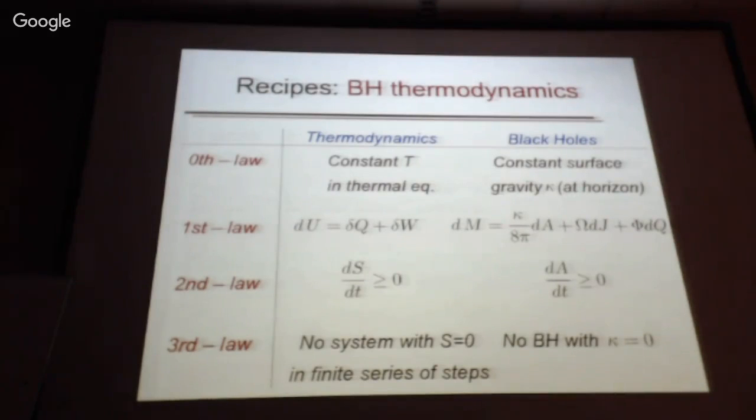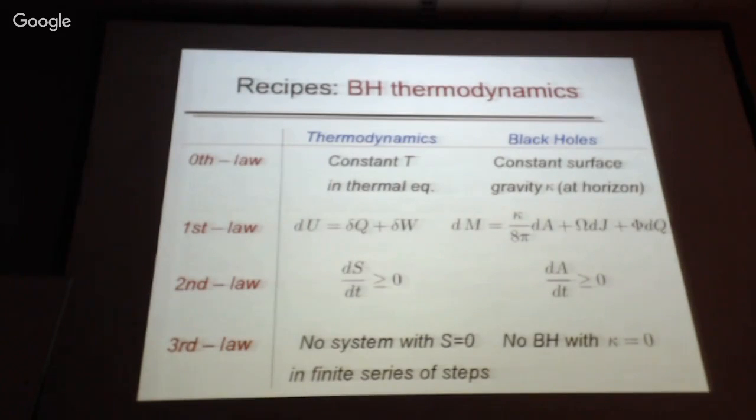So we have here the 4 laws of thermodynamics. The zeroth law means that you get constant temperature when you're in thermal equilibrium. That translates to a black hole as the following statement: you have a constant acceleration at the horizon for a black hole.